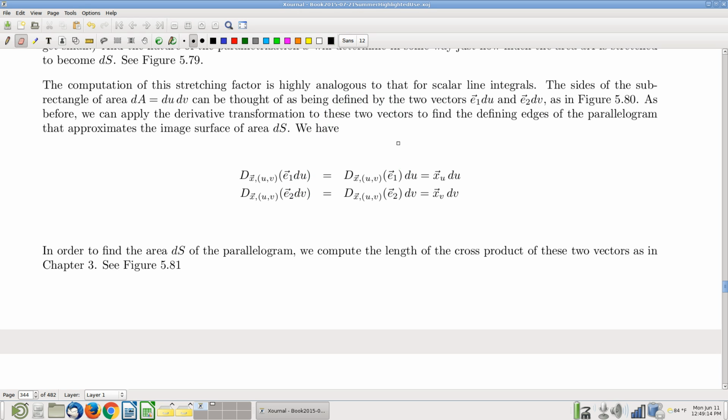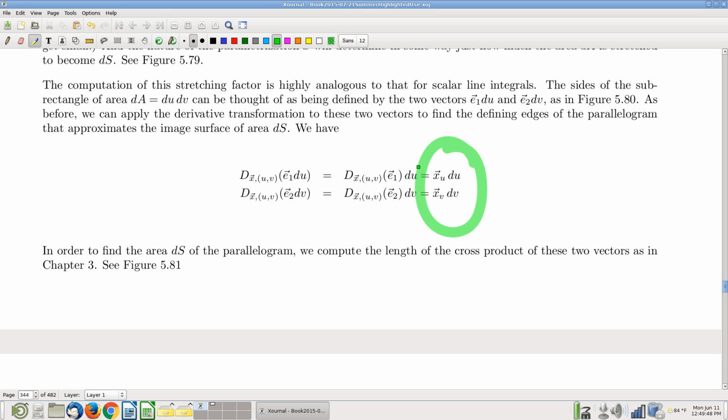And we know that directional derivatives, unit directional derivatives, where your velocity vectors are standard basis vectors, are partial derivatives. So x_u and x_v are just the u partial and the v partial of our function. So there we go. And by the way, this might look familiar. x_u du, x_v dv. We wrote down something almost exactly like that when we were doing change of variables.